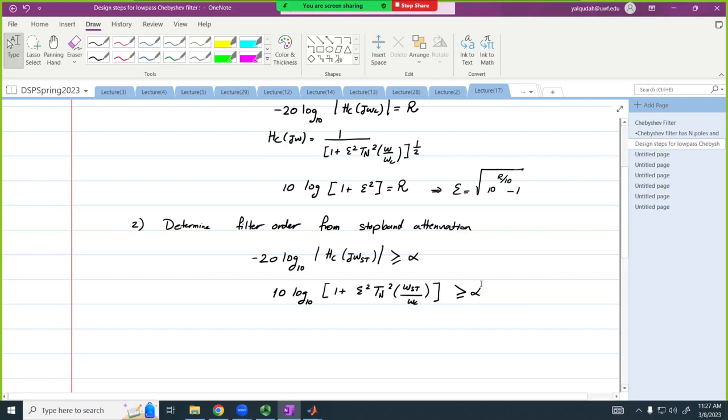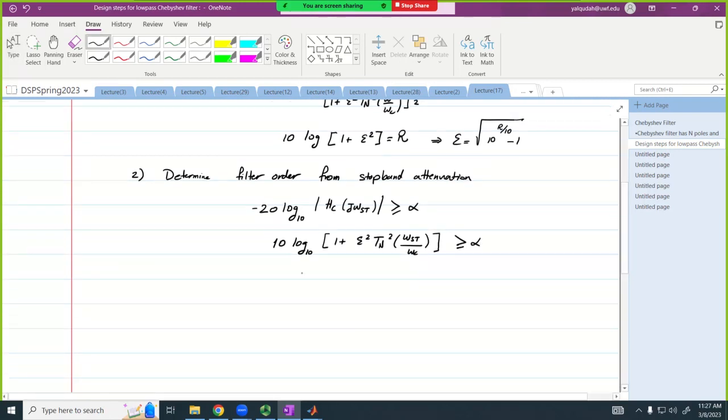Okay, so we can calculate T_n squared of omega stop divided by omega cutoff. What is this going to equal to? It's going to be greater than or equal to 10 to alpha over 10 minus 1, divided by epsilon squared.